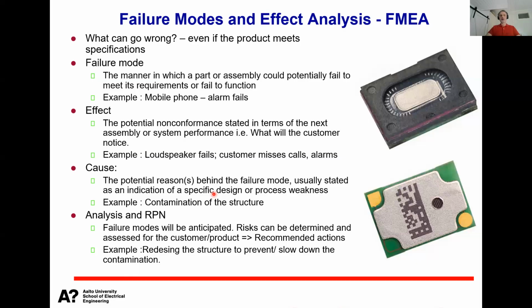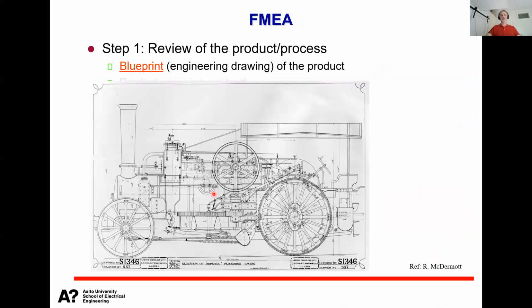So first of all, you start with the actual product, whatever the product is, and you could, for example, start from the blueprint, the engineering drawing of the product. Or if we would now make our FMEA on this kind of a steam operated tractor, then we could start with the engineering drawing, the blueprint of that.